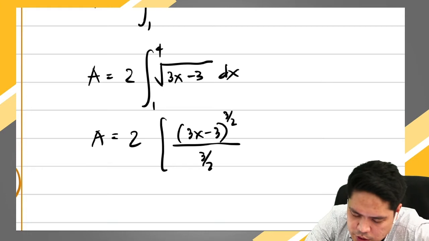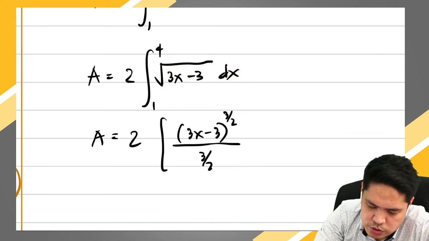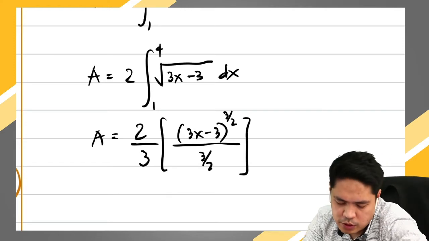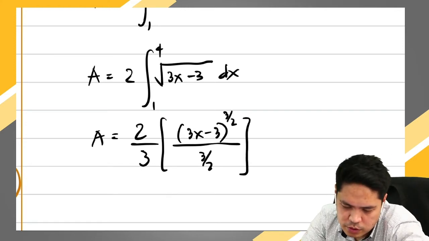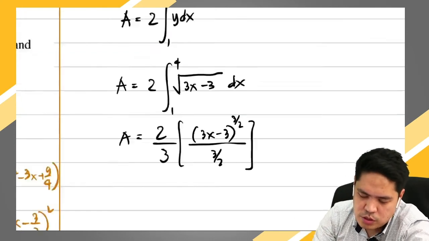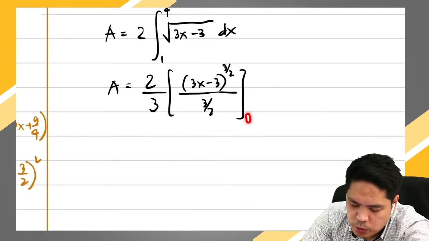This should be 3 dx, right? Because of the 3x. So, 3 dx, so multiply this by 1/3. So, this should be 2 over 3 here. Okay na tayo? And, of course, 1 over 3 halves would be 2/3, from 1 to 4.